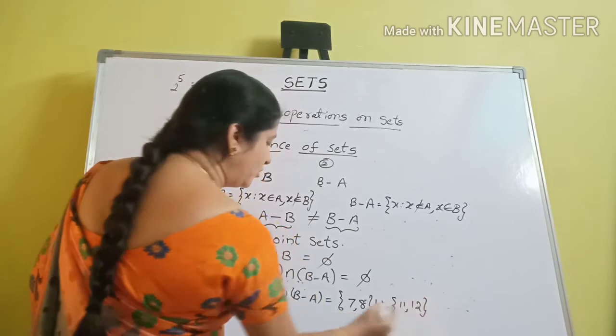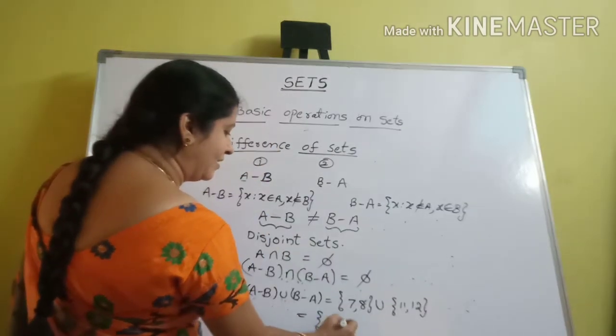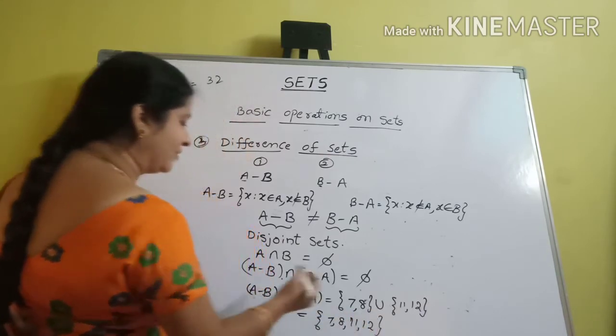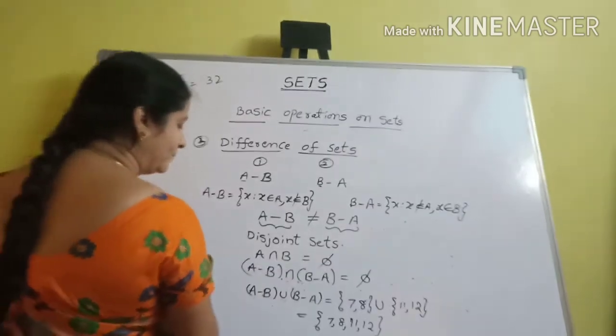So union means take all the elements in the two sets: 7, 8, 11, 12. This is the union of A minus B and B minus A. Okay.